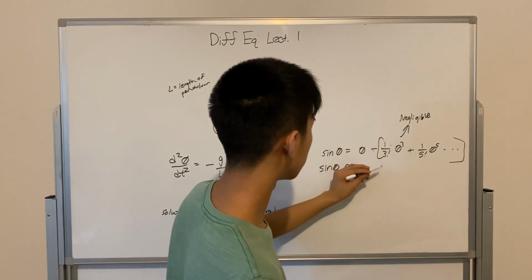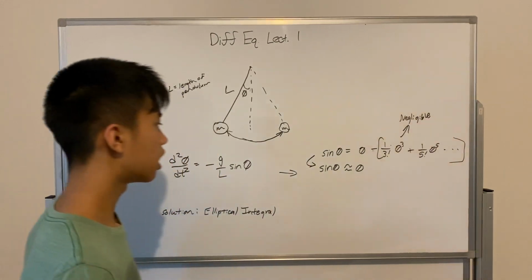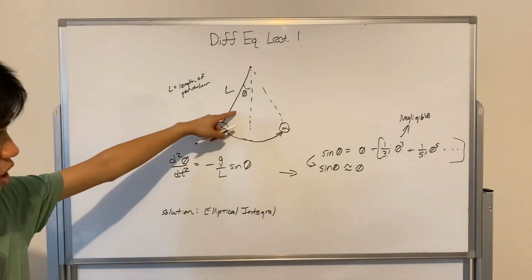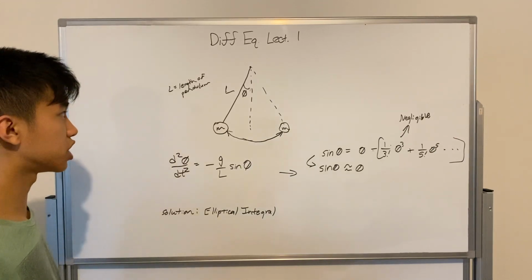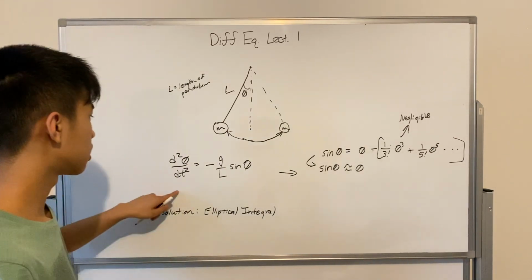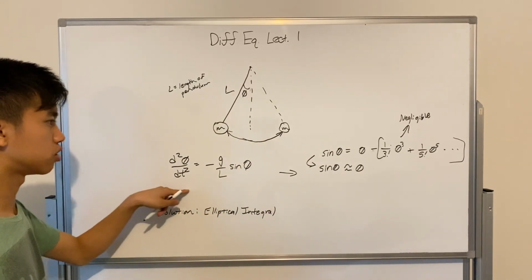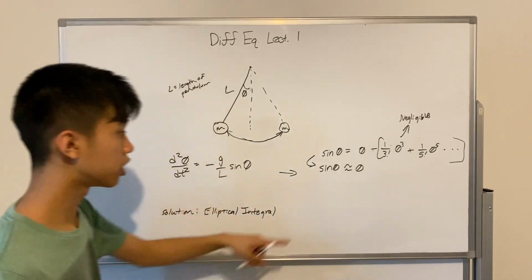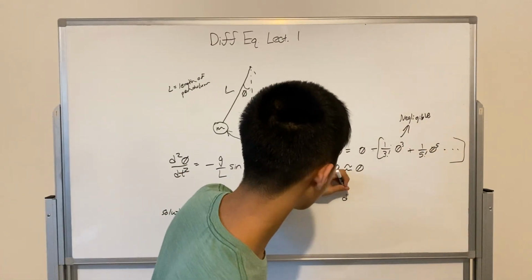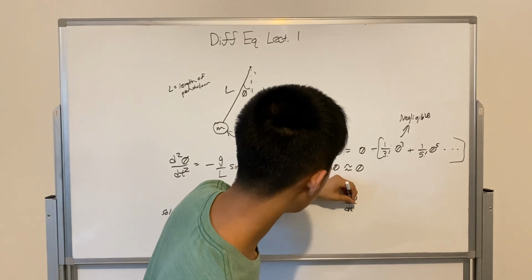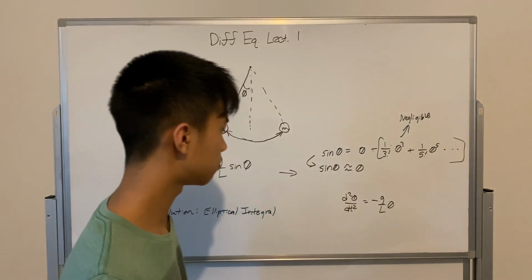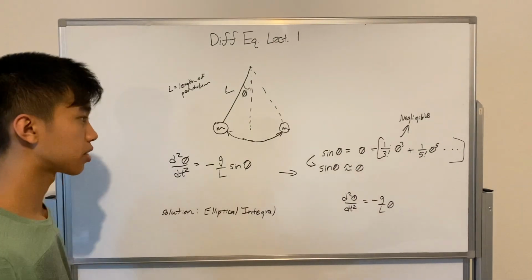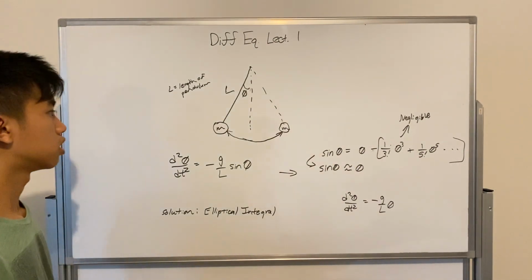So then that's how this reduces to this. But when theta is not negligible, when theta is big, like 30 degrees, 60 degrees, then this differential equation you kind of have to deal with, rather than being able to just reduce it to something simpler like this. You won't be able to do this when theta is big.